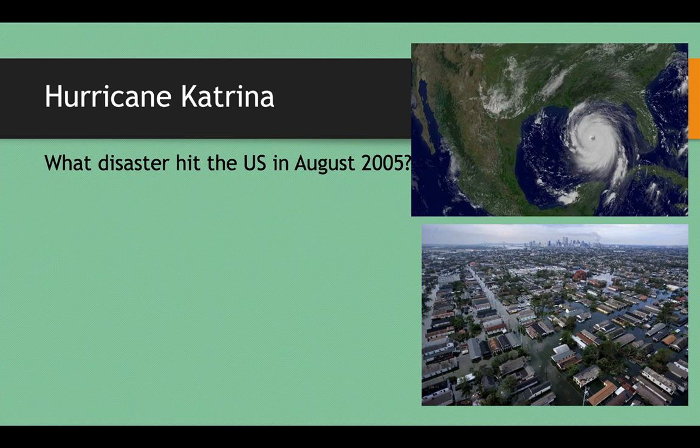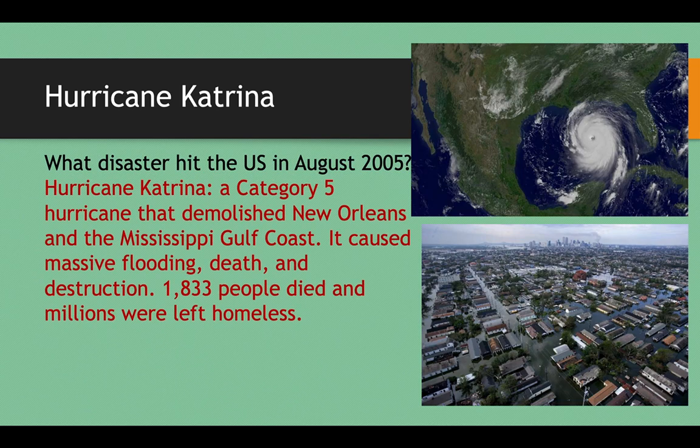So some other things that were taking place in the 2000s, in addition to the war on terror, would of course be Hurricane Katrina. This was one of the worst natural disasters in American history. In August of 2005, this Category 5 hurricane demolished New Orleans and the Mississippi Gulf Coast. It caused massive flooding, death, and destruction.